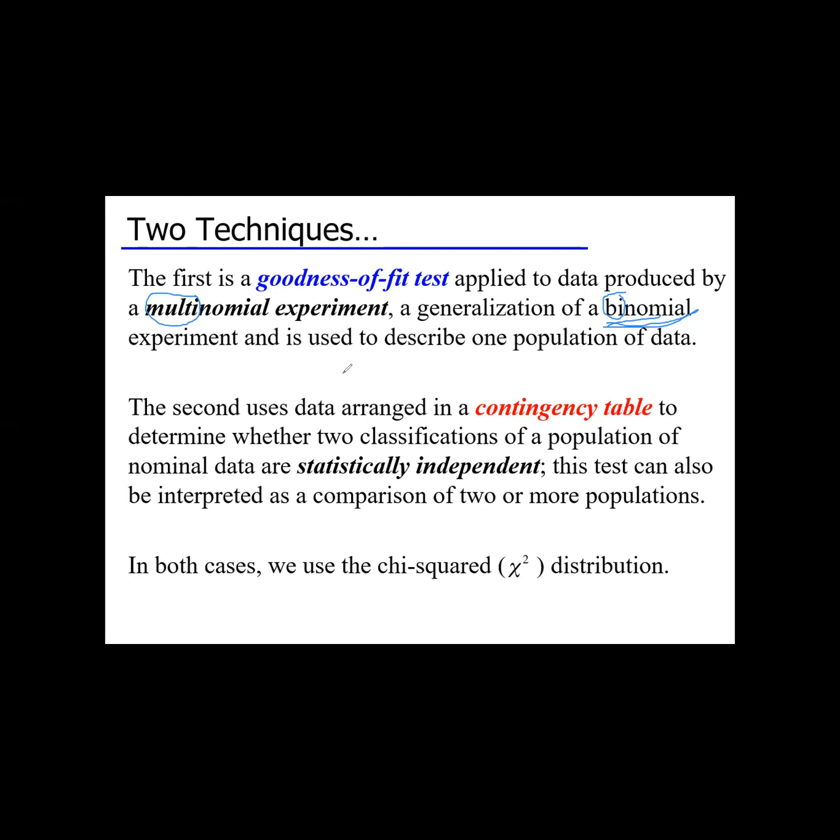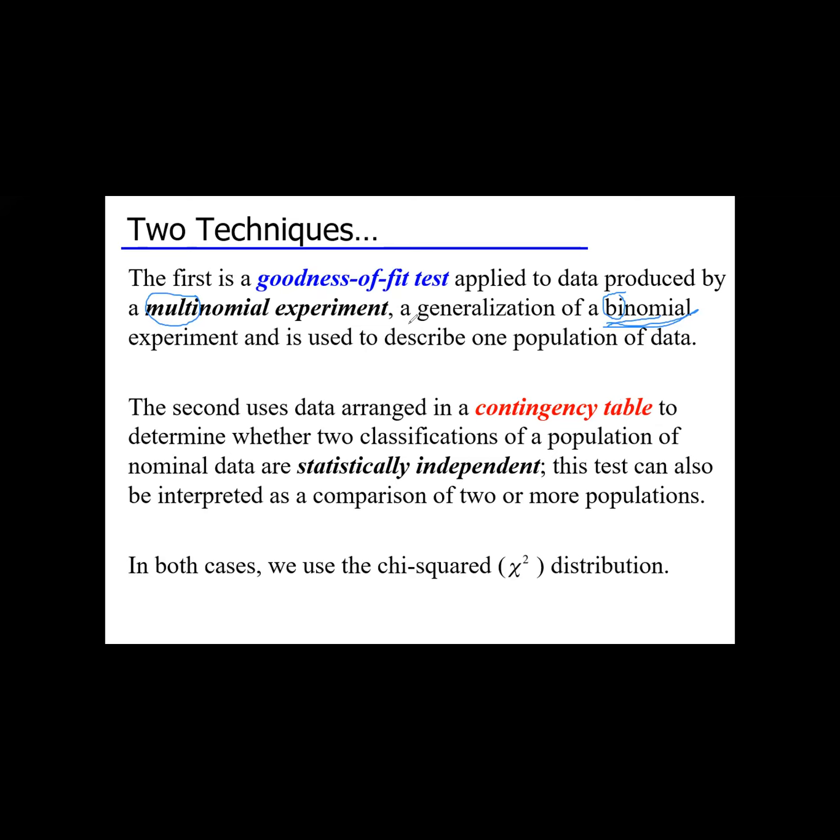You will see when we tackle the problem pertinent to goodness of fit that you will be given more than two p's. So you'll be having three or more p's, and that follows multinomial experiment. You will understand when I start writing the condition.